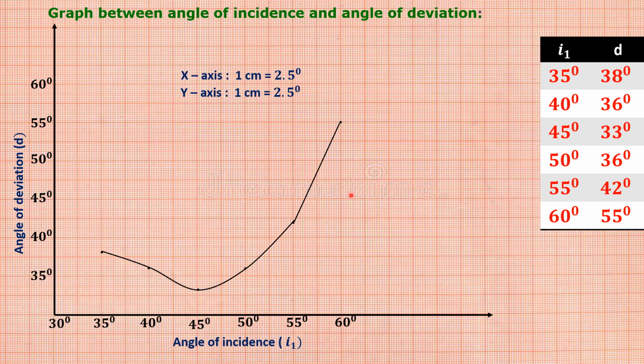Now, in order to know the angle of minimum deviation, we have to draw a horizontal line from the lowest portion of the graph. We have to draw a horizontal line to cut the y-axis like this.